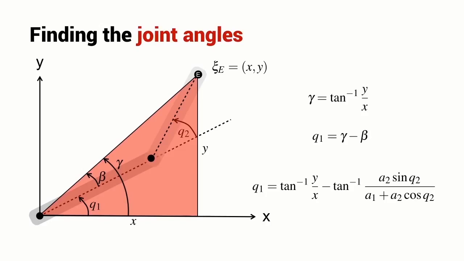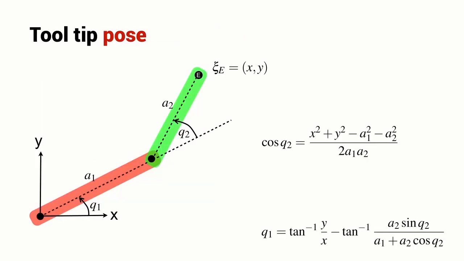And the total relationship looks something like this. Quite a complex relationship. It gives us the angle of joint 1, that's q1, in terms of the end effector coordinates y and x, and a bunch of constants, a1 and a2, and it's also a function of the second joint angle q2.